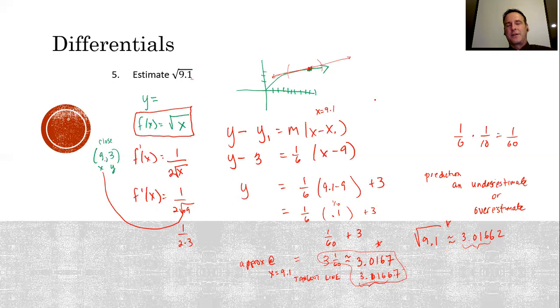But here's the deal. If you look at this curve, and I'm going to exaggerate just a little bit more, and this is my tangent line, which I'm trying to draw straight. Anytime your function is concave down, then your tangent line will be an overestimate.